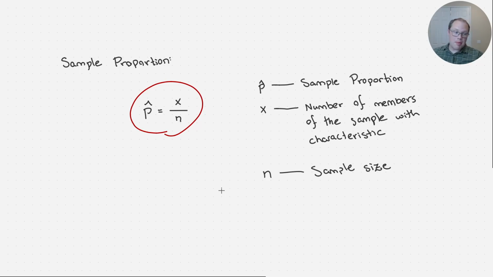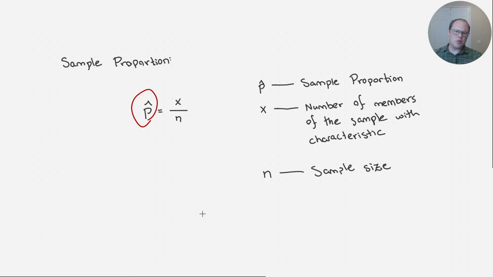But maybe in another sample, just by chance, we don't get very many members from the population that have that characteristic. So different samples will have different sample proportions. But generally, if our sample is large enough, we would expect the sample proportion to be close to the population proportion most of the time. And the larger the sample is, the closer we expect to get.